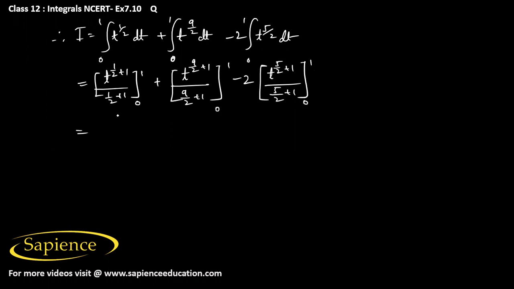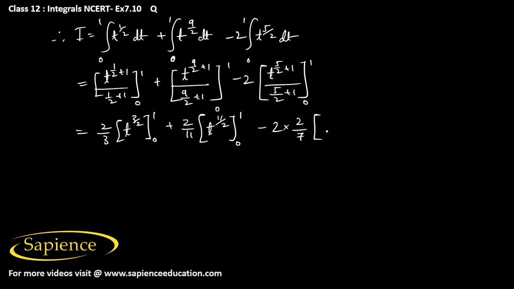So this will be equal to 3 by 2, so it will be 2 by 3 into t power 3 by 2, 0 to 1, plus it will be 11 by 2, so it will be 2 by 11 t power 11 by 2, from 0 to 1. Then minus 2 into, this will be 7 by 2, so it will be 2 by 7 into t power 7 by 2, 0 to 1.